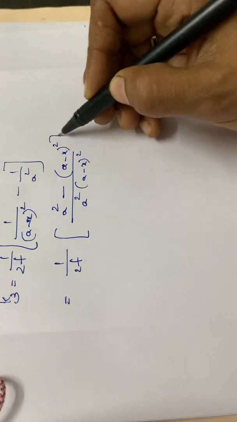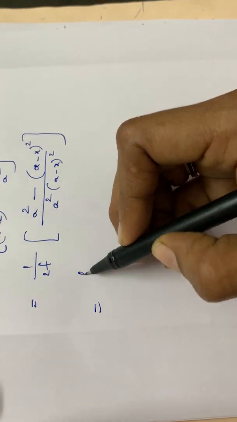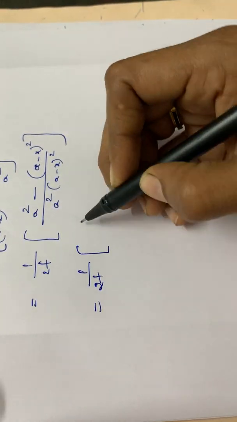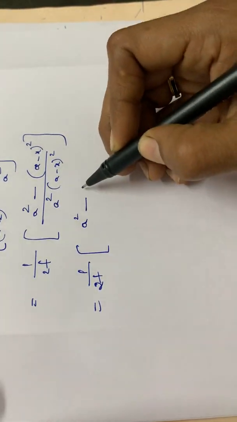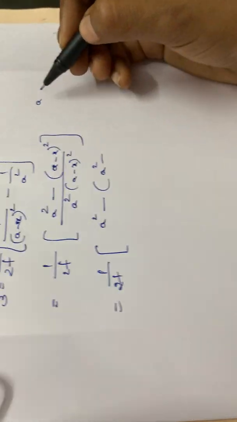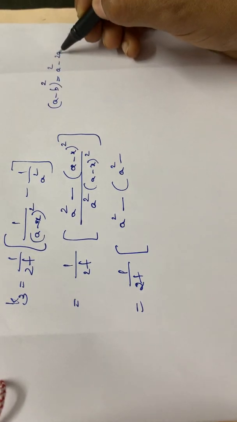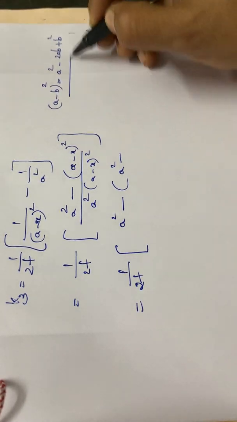Then 1 by (a minus x) square got cancelled, it becomes a square minus (a minus x) the whole square. Then you have to expand these terms: 1 by 2t into a square minus the expansion of (a minus x) the whole square, that is (a minus b) the whole square, which is equal to a square minus 2ab plus b square.